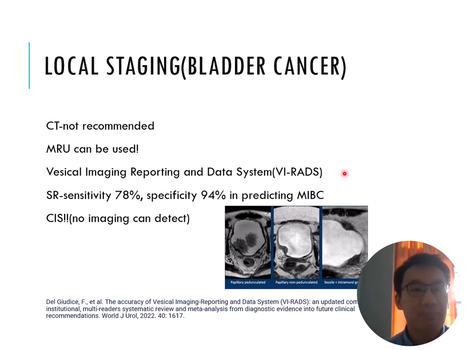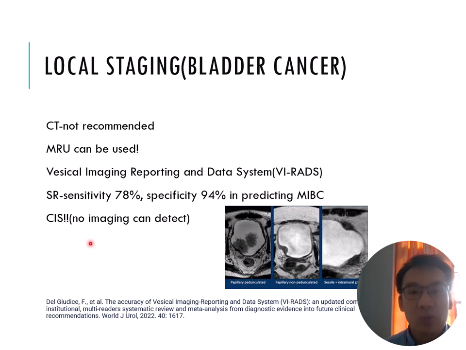It's similar to the PI-RADS score for patients with prostate cancer. A systematic review has shown a sensitivity of 78% and specificity of 94% in predicting and locally staging MIBC.